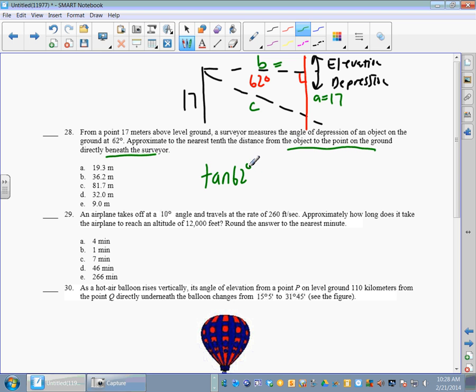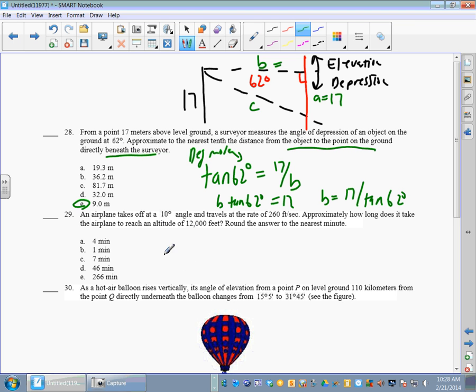Tangent of 62 degrees equals 17 over B. What mode? Degree mode? So B tangent of 62 equals 17. So B equals 17 divided by tangent of 62 degrees. So we get for your final answer, 2.0. Okay.